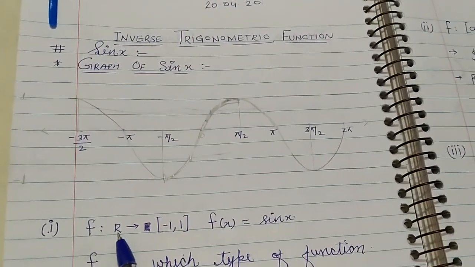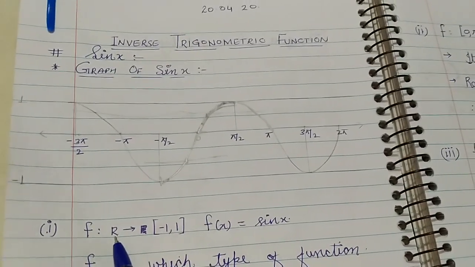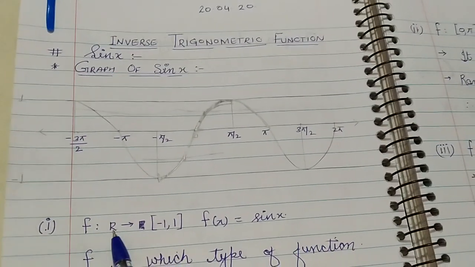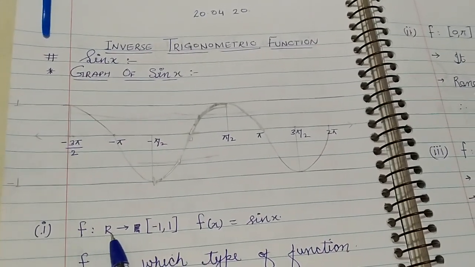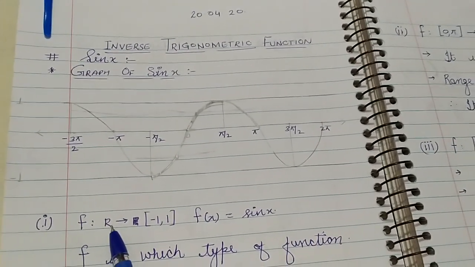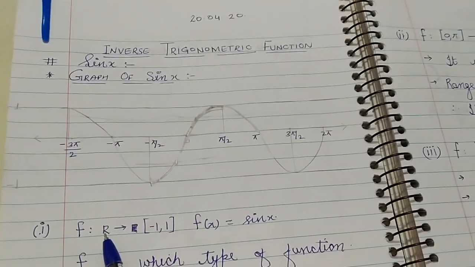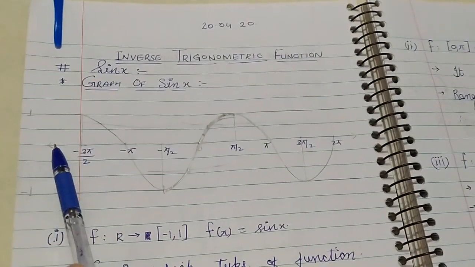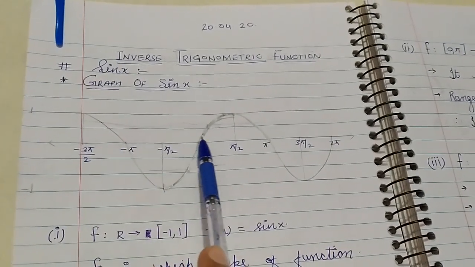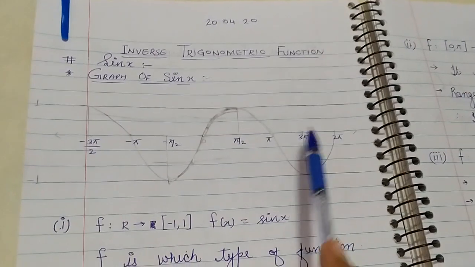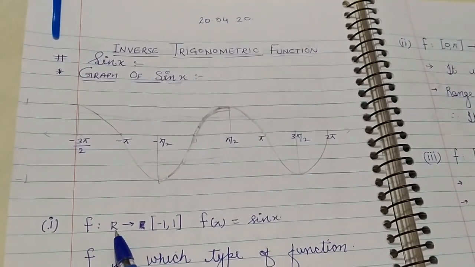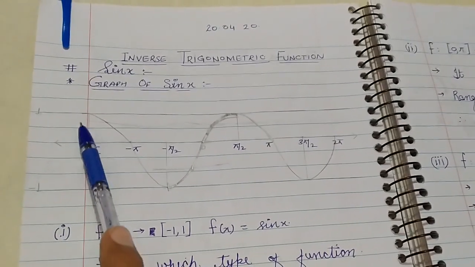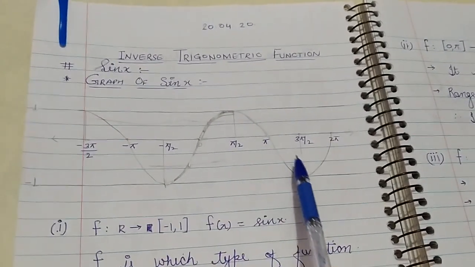Here the domain is R. Domain means the values of x, and the values of x lie between -infinity and +infinity. So here we consider the full wave because of this domain. We take the complete curve of sin x.